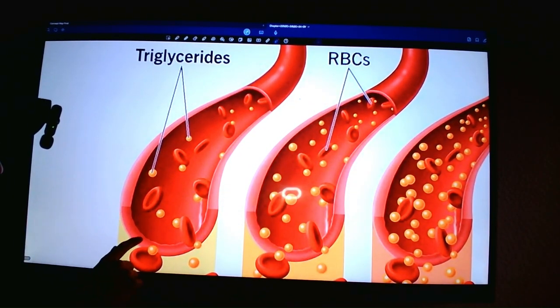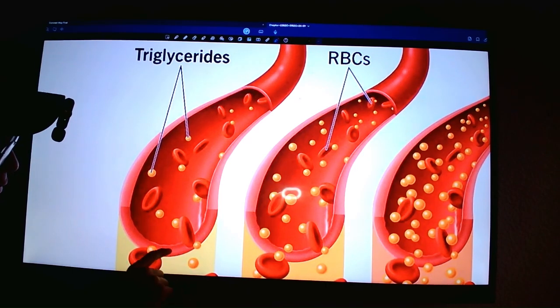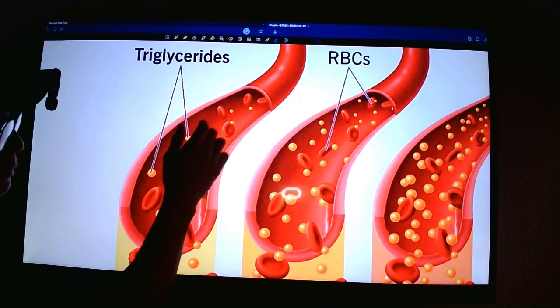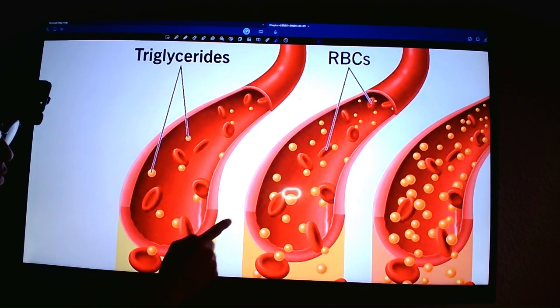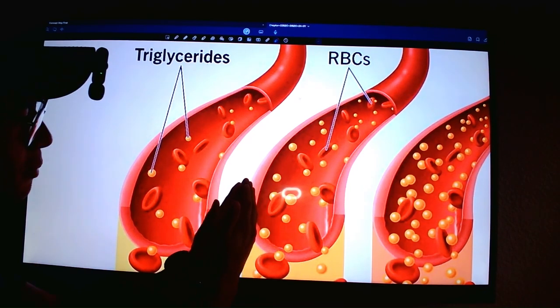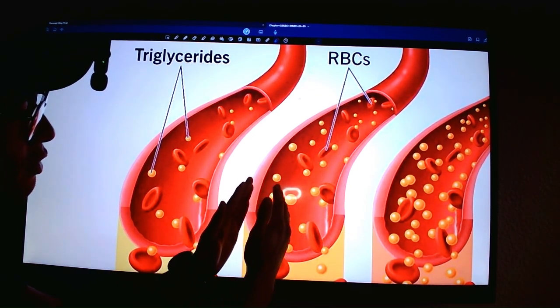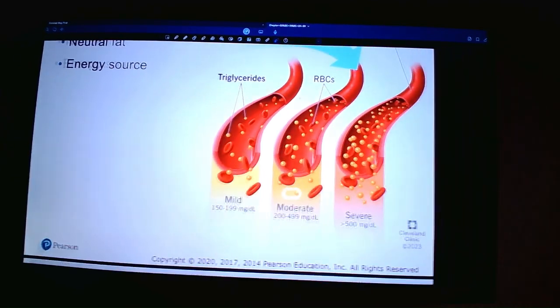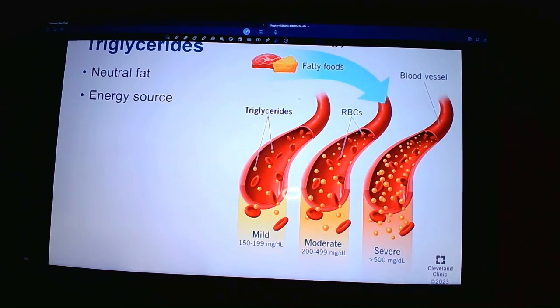Usually they build up right here on the inside of the vessel, not inside the lumen, right? The lumen is the diameter. It's actually inside the tissue of the blood vessel. That's where the plaque buildup happens, and then it starts narrowing the artery, and that's how you get atherosclerosis and how ischemia could develop.